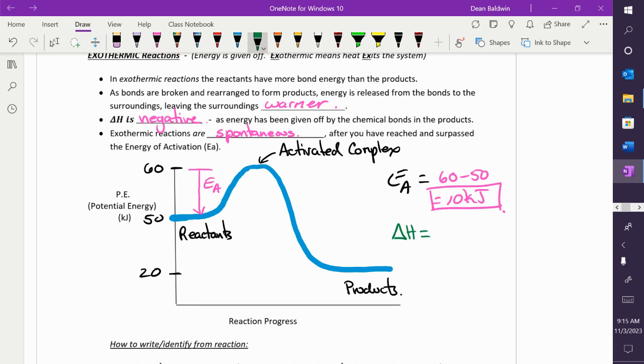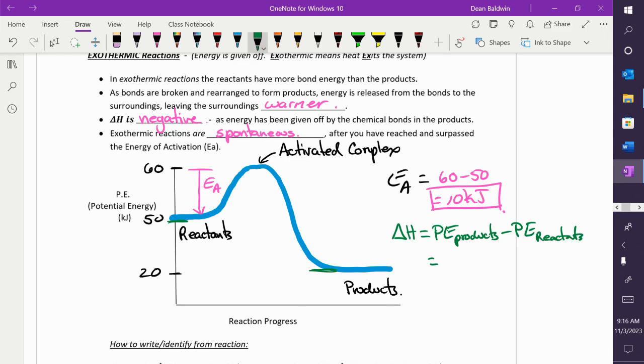What is delta H? How do you figure out delta H? It's always going to be energy of the products minus energy of the reactants. So potential energy of the products minus potential energy of the reactants.